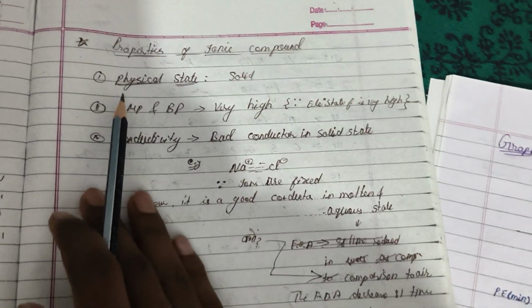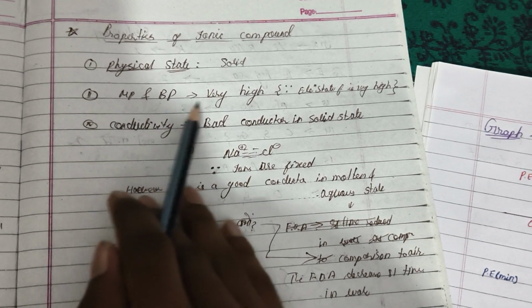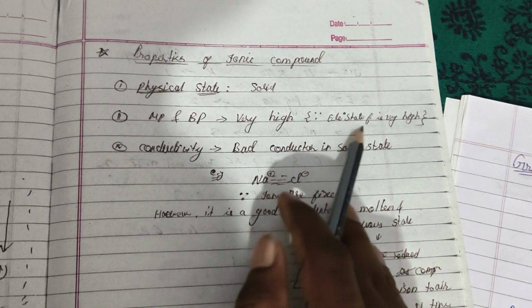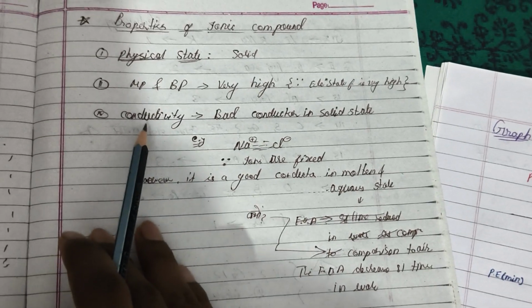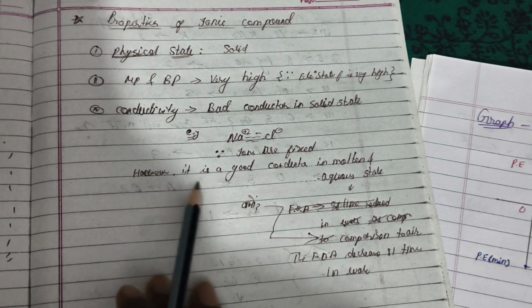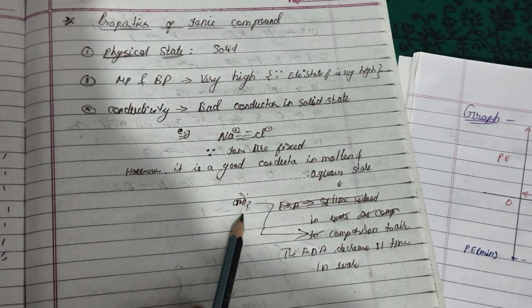Physical state: ionic compounds form solids. Melting and boiling points are high because the electrostatic force is very high. Conductivity: bad conductors in the solid state, but good conductors in molten and aqueous states. Why?